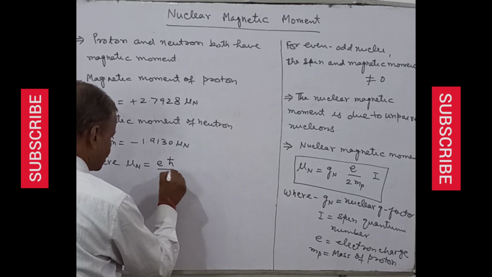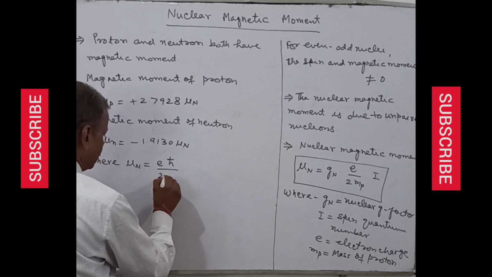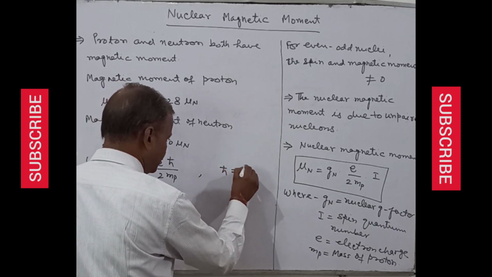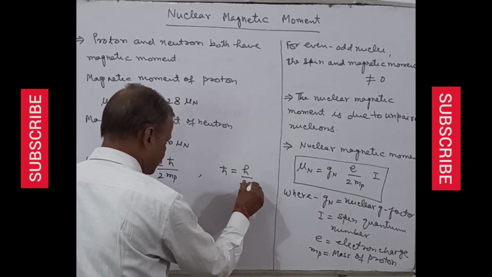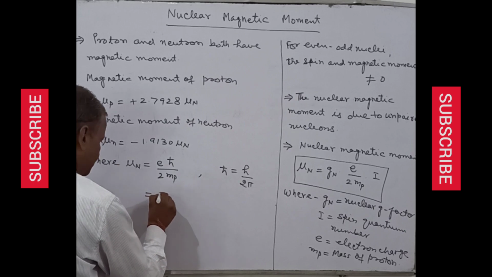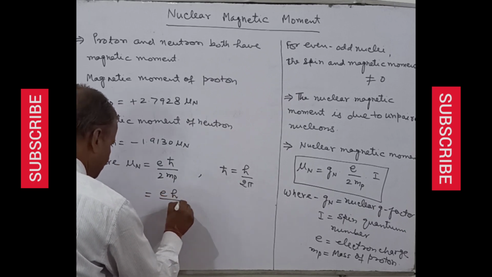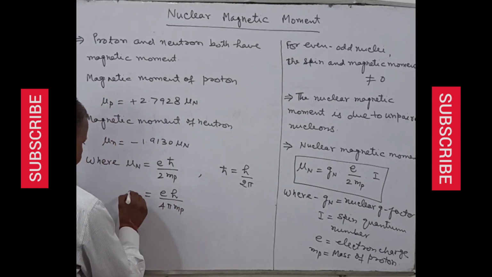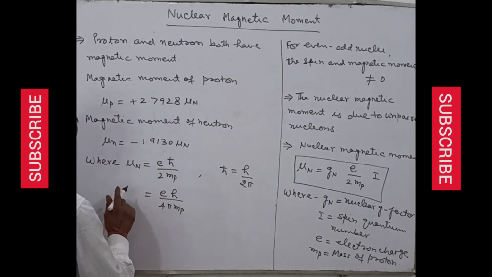It is e h cross upon 2 mp, where h cross equals h upon 2 pi, and this is equal to eh upon 4 pi mp. This is equal to mu n.